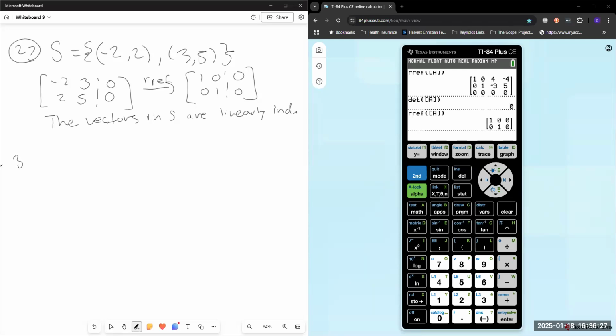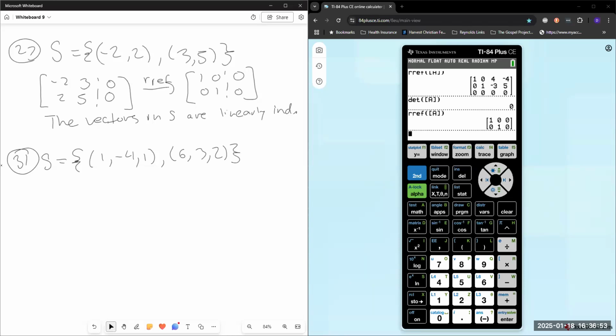Let's go on to number 31. And it asks me the same thing, with S being equal to (1, -4, 1) and (6, 3, 2).